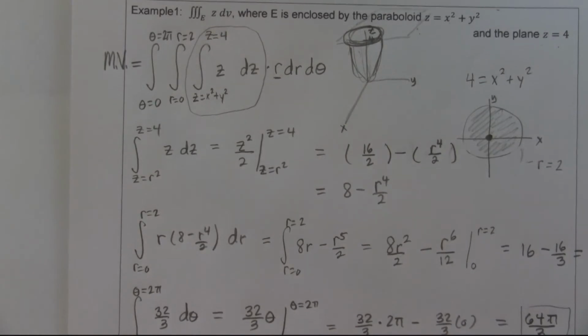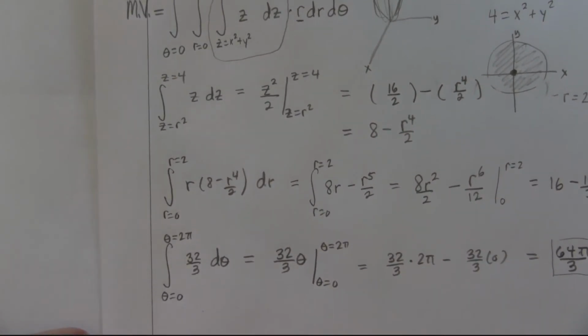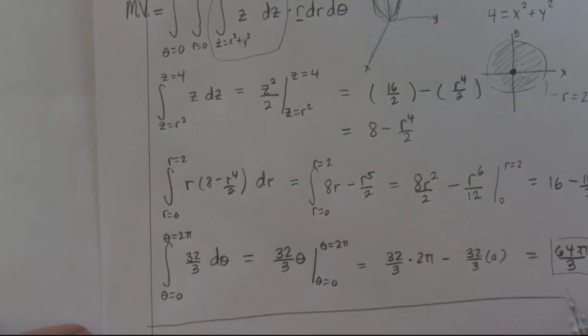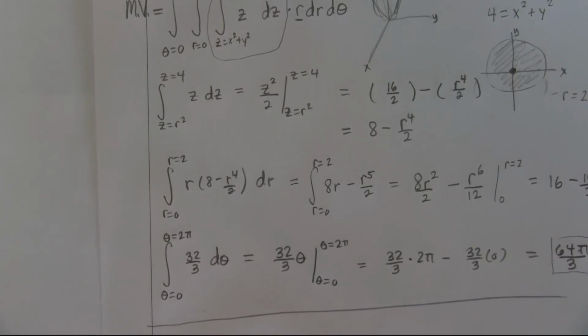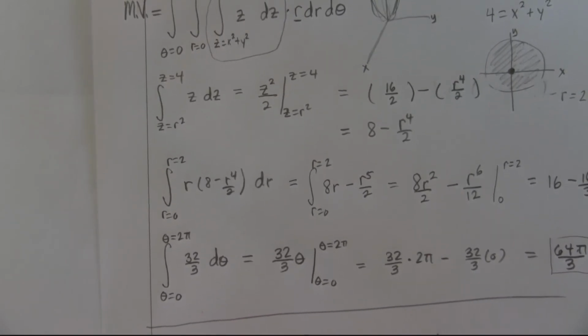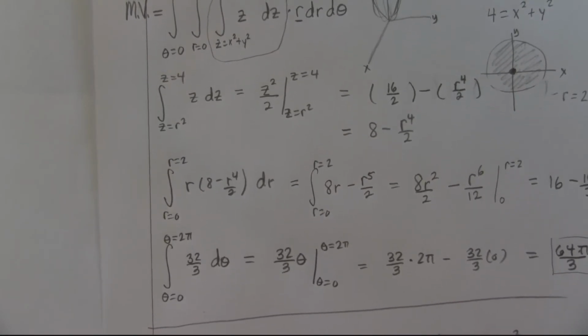But all we're going to do is we're just going to set it up. So what if I said to you, find the volume. So this is a new example. Find the volume of the paraboloid z equals x squared plus y squared.